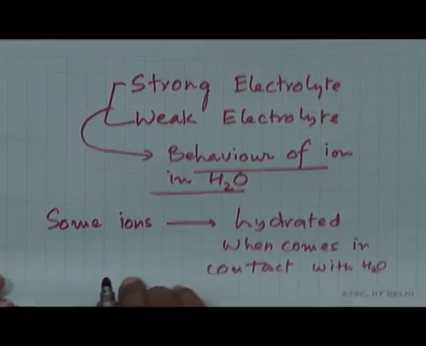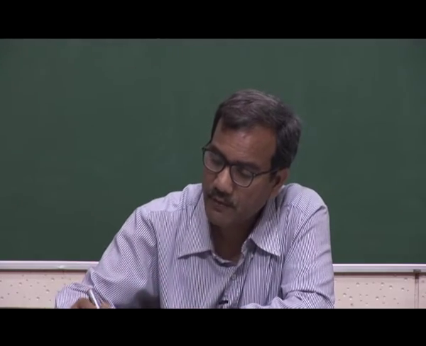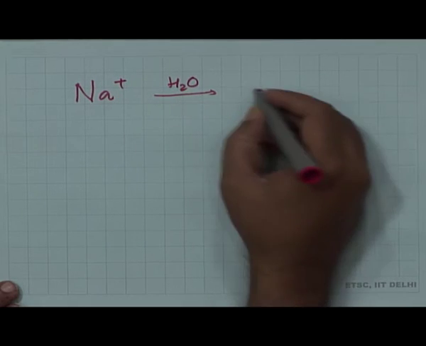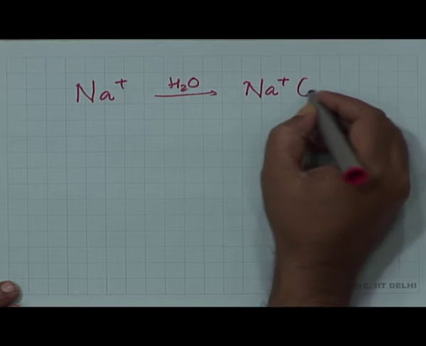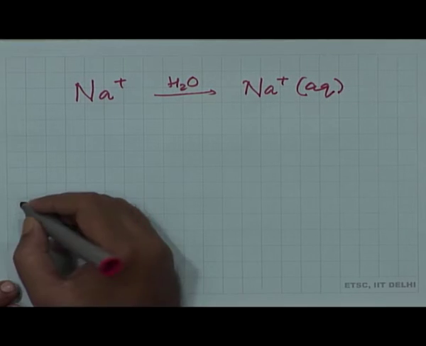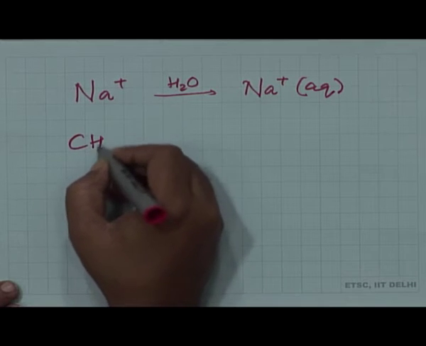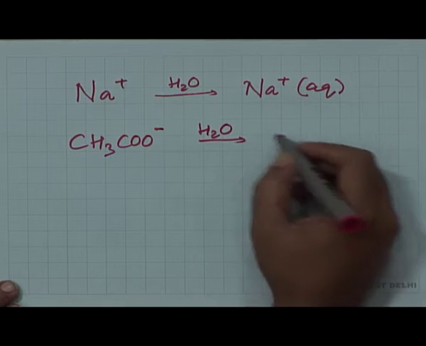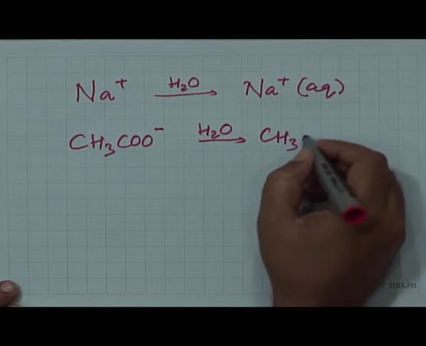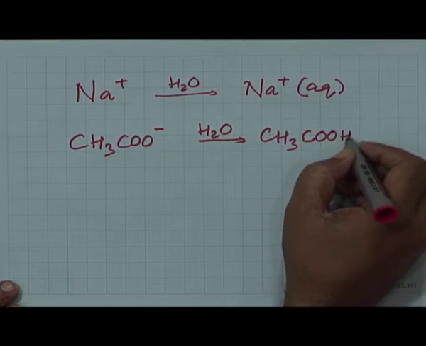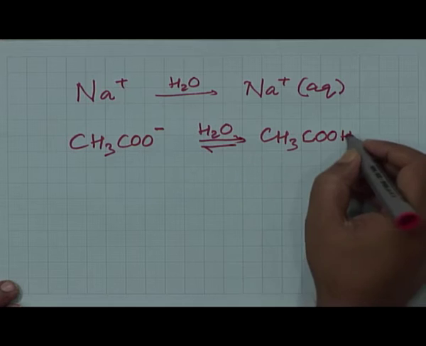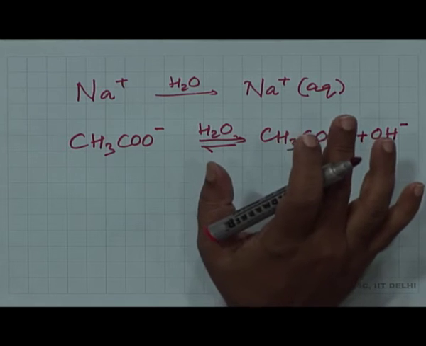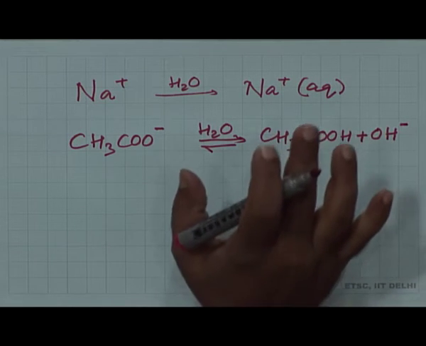For example, if you take Na+ ion and put it in water, what you get is hydrated Na+. Whereas, if I take CH3COO- and put it in water, what you are going to get is CH3COOH plus OH-. So, there are two different behaviors for two different ions.